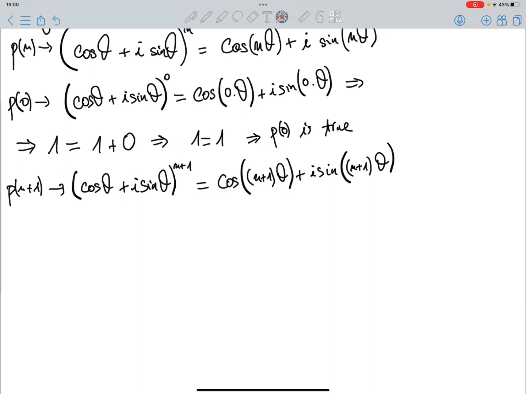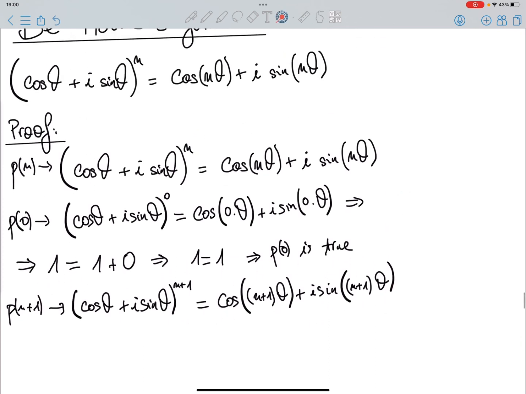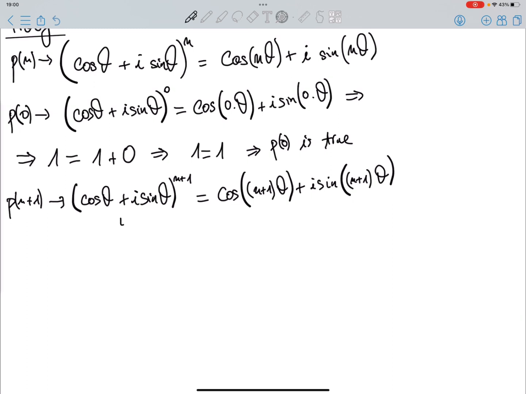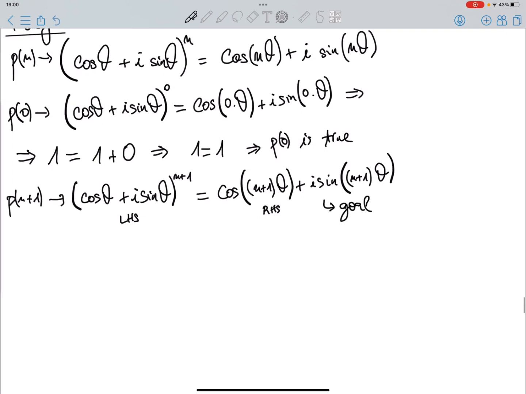We need to prove that this is true, assuming that P(n) is true. This is our left hand side, this is our right hand side. Starting from the left hand side, our goal is to get the right hand side.